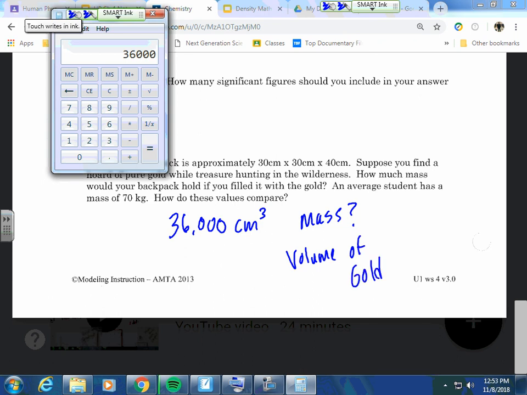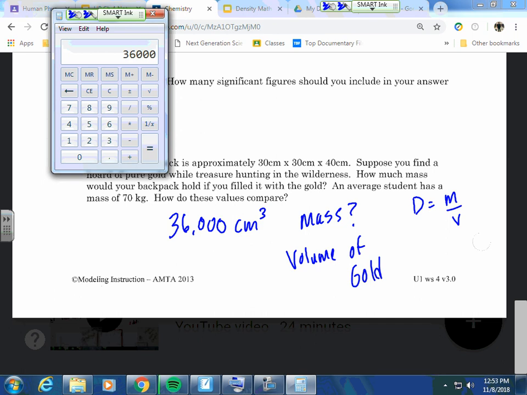And I know as I looked around, this was a problem that most people did not have an answer to. Well, so the density equation, density equals mass over volume. There's three variables. There's density, there's mass, and there's volume. You have to have two to find the third. Is there any way we can find the density of gold?